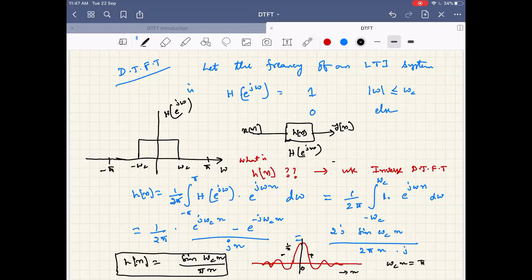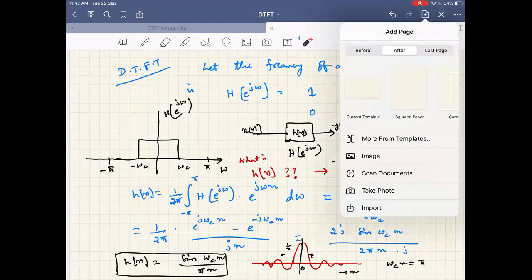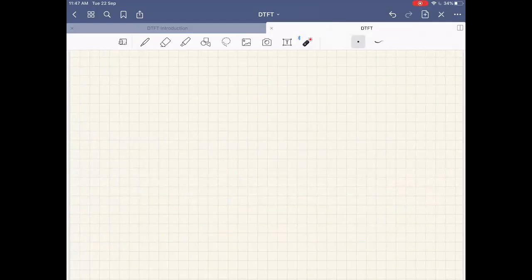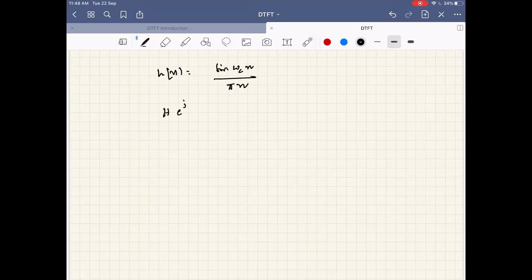This sudden cutoff in the frequency domain is, in fact, the reason for extending this from minus infinity to plus infinity. Now let us consider starting from h of n, which is sine omega c n by pi n. If you would like to get back h of e power j omega, what is the expression we write?